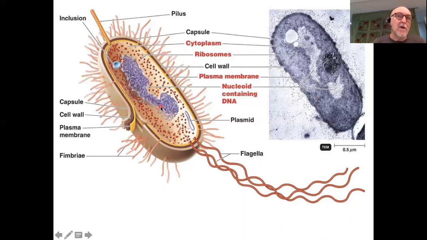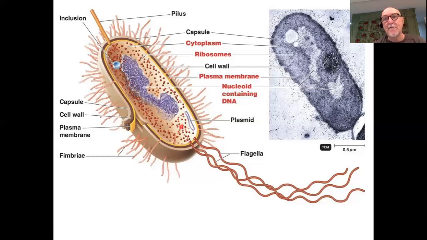In addition, the DNA in many bacteria in the nucleoid is not the only DNA present in the cell. Often what we will also find in the cell are small circles, like little chromosomes, small circles of DNA, which are called the plasmids.